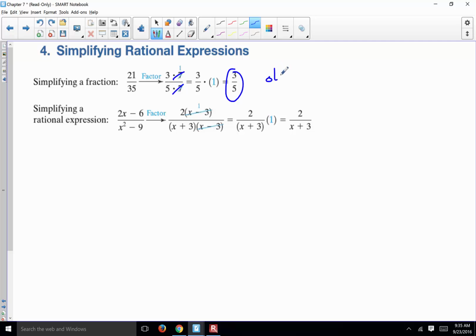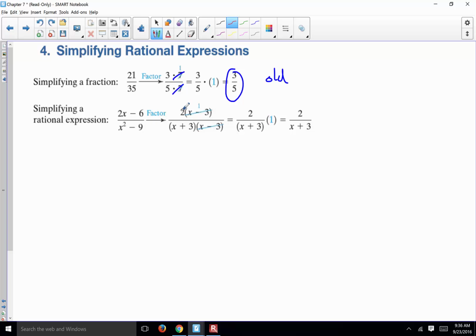This is all knowledge. What is new today? How do we do this if you don't have just numbers but variables? It's the same idea. Just like you factor 21, you need to factor top and bottom if possible. Sometimes impossible, so you can't. But if possible, you do it. By doing what? By running all those past sections, 6.1, 2, 3, etc. What is in 6.1?